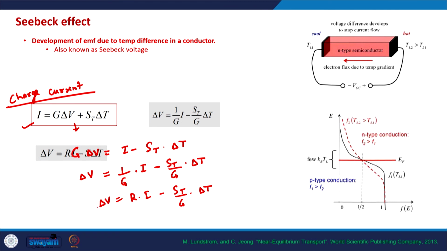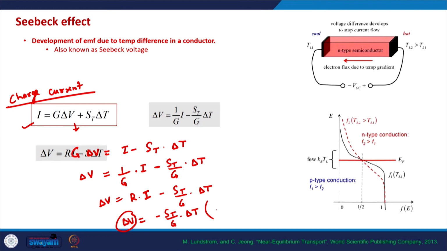Now if the two terminals of the semiconductor are open circuited, we have not connected anything, there cannot be a flow of current. This I will be 0 in steady state. So in that case, ΔV is equal to minus (S_T/G) times ΔT, and this ΔV will be the voltage difference that appears across the semiconductor.